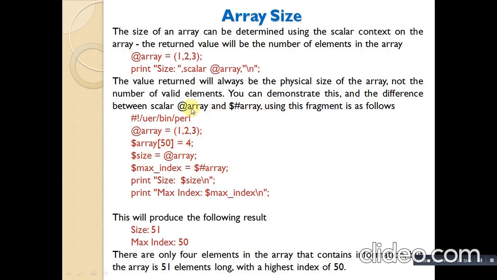Now @array equals 1, 2, 3, so we have assigned 3 values to the array, and $array[50] equals 4. We are assigning the 4th element, since elements 1, 2, 3 are already assigned.